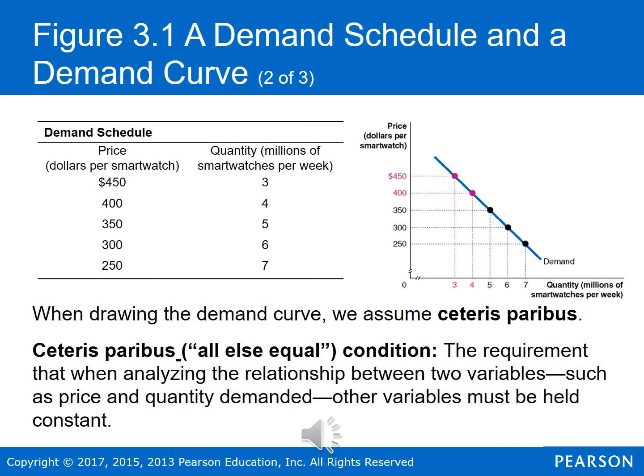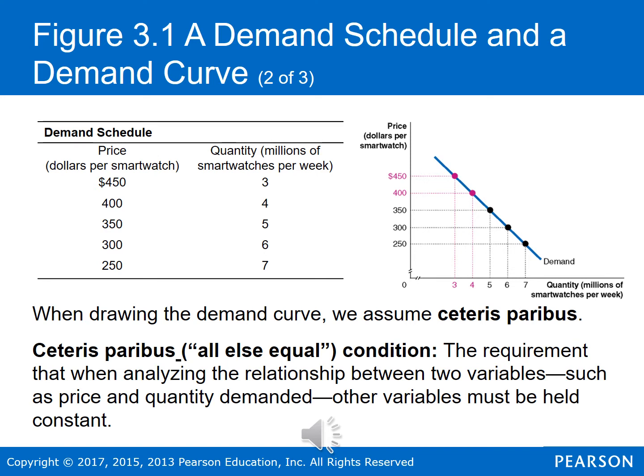We're assuming that nothing else is changing in the market. There's nothing else going on that's causing or influencing the price and the quantity demanded that's not being represented on this graph. And the reason we do this, while obviously it's not the most realistic assumption, it's so that we can understand what's going on when there's a change in either price or quantity.